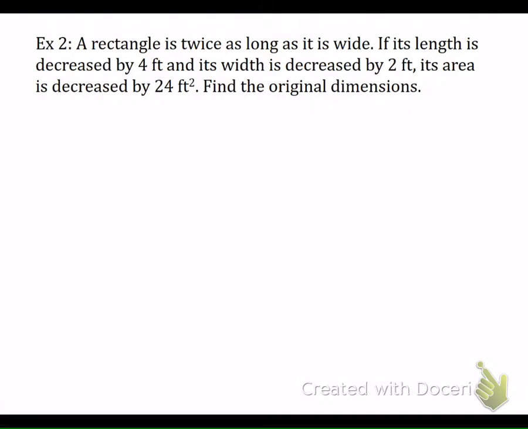So we have the same setup here. We are going to have 2 rectangles. Does anyone know the dimensions of the original rectangle? It's the first sentence. A rectangle is twice as long as it is wide. So what can I call the dimensions of the first one? W and 2W.